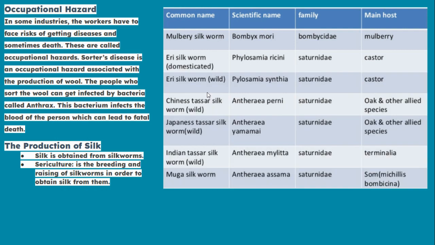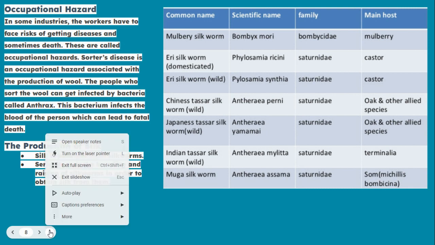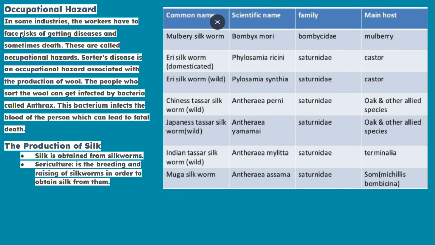Now occupational hazards. So what are occupational hazards? In some industries the workers have to face the risk of getting disease and sometimes death. These are called occupational hazards. Sorter's disease is an occupational hazard associated with the production of wool.